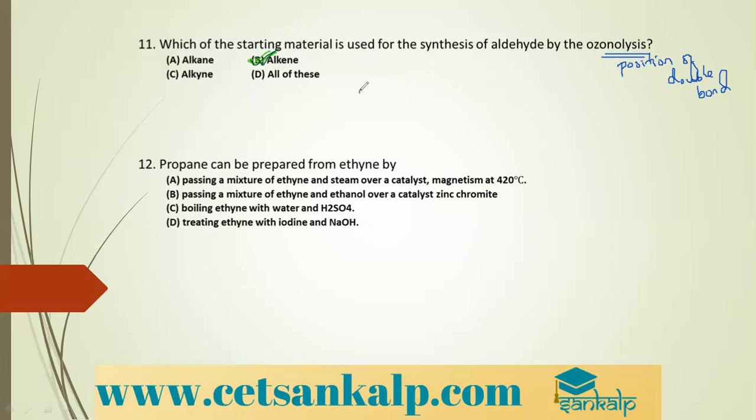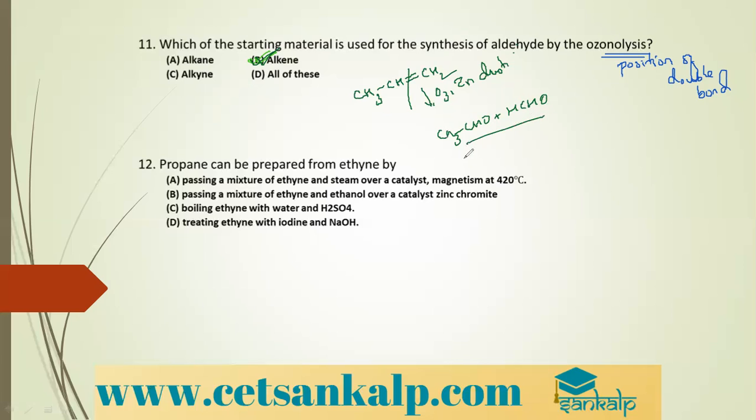For example, you can see here CH3, CH double bond CH2. If I carry out ozonolysis in presence of zinc and acid, what do I get? The bond breaks here, so CH3CHO plus HCHO, the aldehydes.